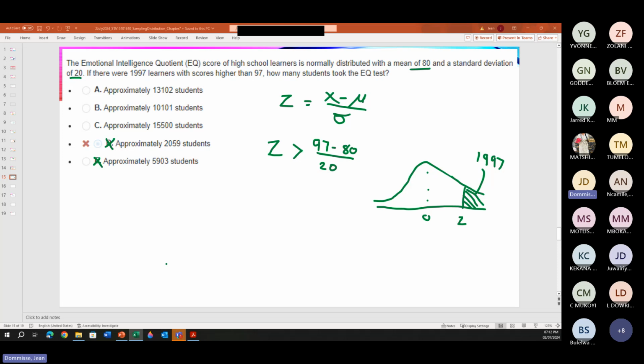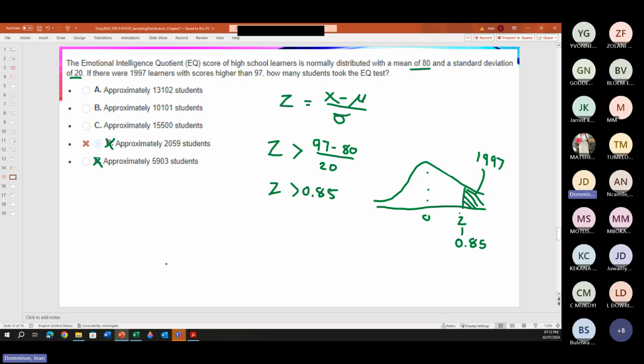So 97 minus 80 divided by 20. Our Z that we're looking for is bigger than 0.85. So we're looking for that Z of 0.85 to get to that probability.